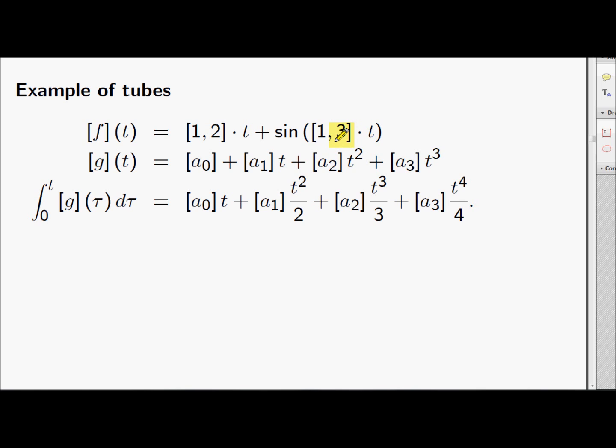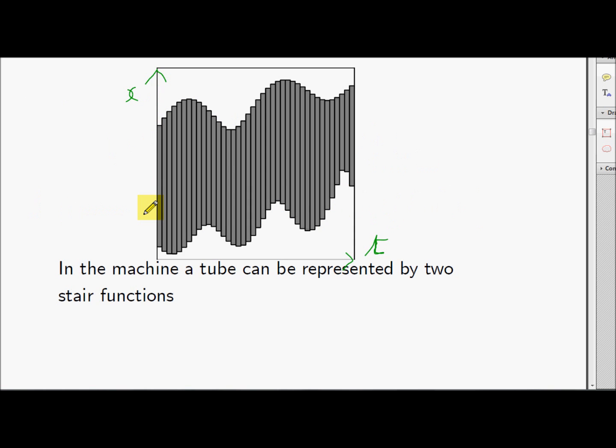So f of t may correspond to an interval function which depends on t, but you can also have interval polynomials, and in this case you can also provide some integrals to add these tubes and some kind of arithmetic on tubes if you use this formalization. In our context, we'll mainly use this representation for the tubes, with a discretization of time.